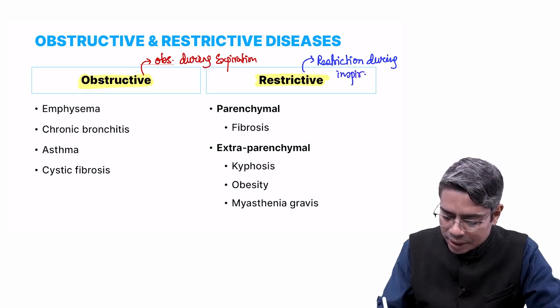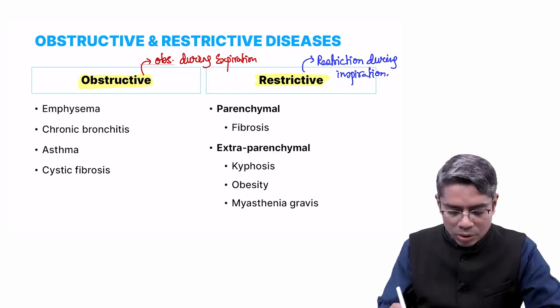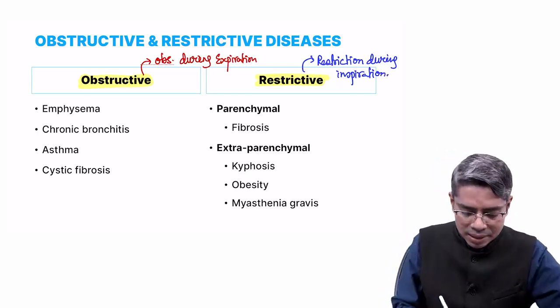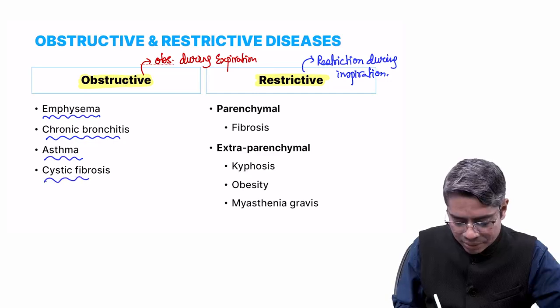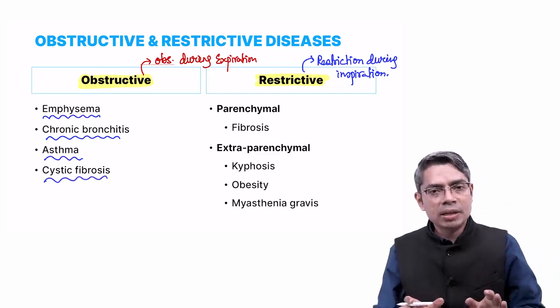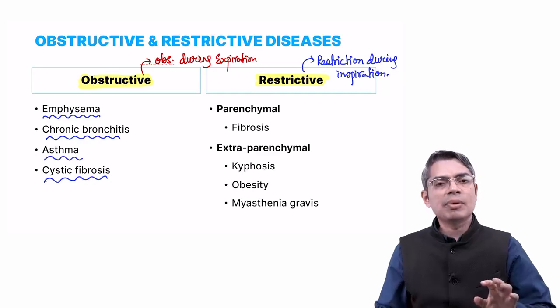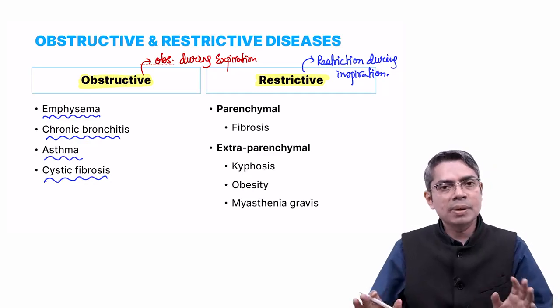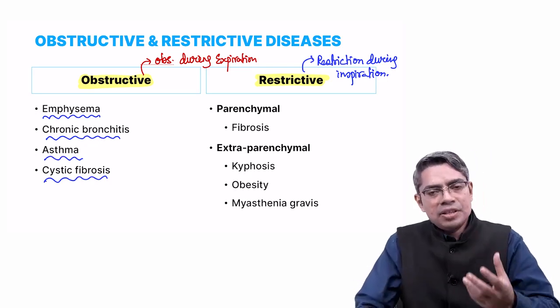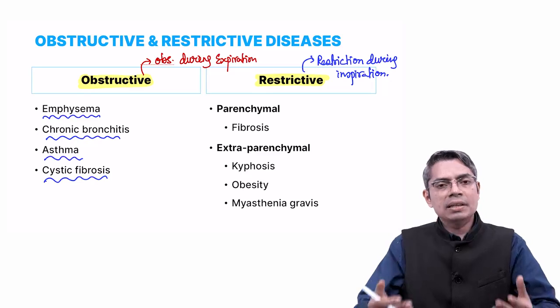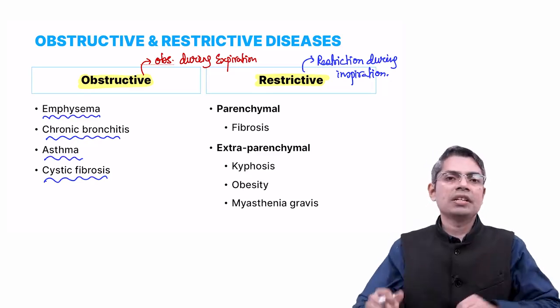Now, under obstructive disease, there are certain important diseases like emphysema, chronic bronchitis, asthma and cystic fibrosis. But mainly we are going to understand obstructive disease with the help of emphysema. That is a typical obstructive disease. And restrictive disease, whenever we say restriction, means if I try to take an inspiration, there will be certain restriction in my lung.